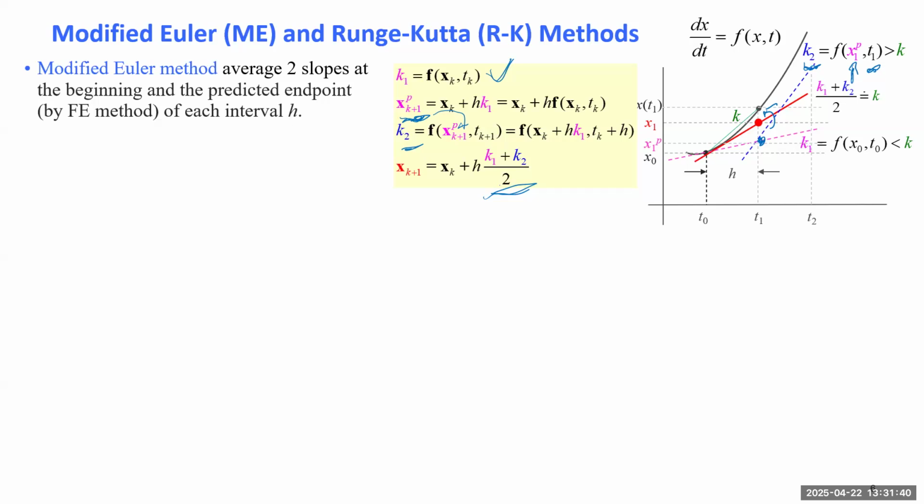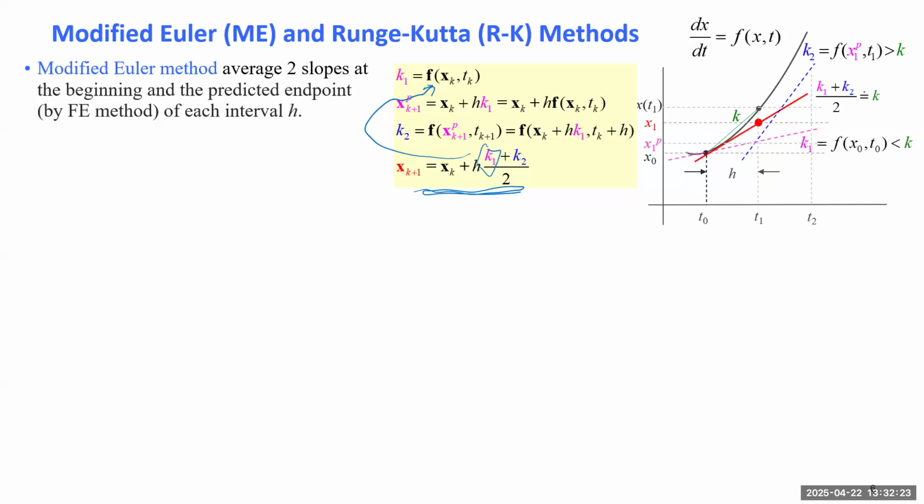The Euler method, or forward Euler method, is a first order method because it basically utilizes the first order derivative to approximate the curve. But here I involve two slopes. I have the slope at the beginning, I have the slope at the ending point, and I also calculate the average. So what is the order of this method? This is a second order method. Why? Because this equation seems still to be linear, right? But K1 comes from F, that's a first order derivative.